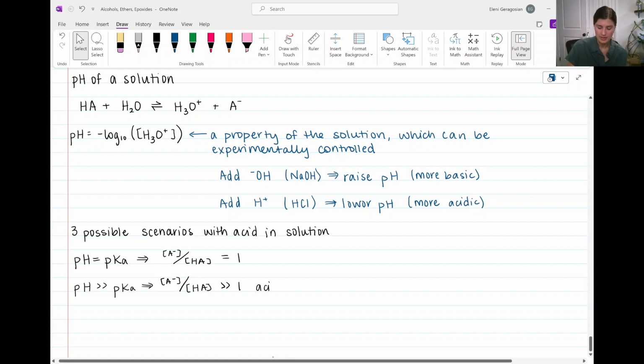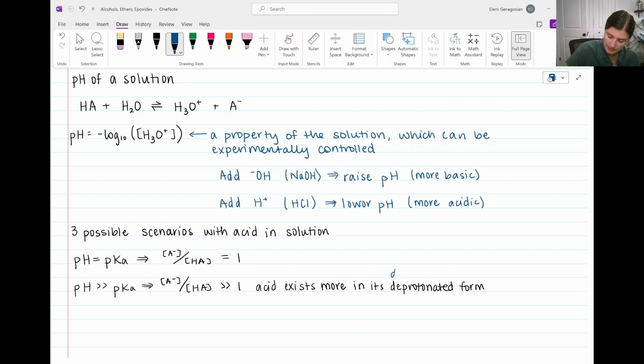And this indicates that the acid exists more so in its deprotonated form. Deprotonated, we can also say dissociated here, as in the proton has dissociated from the rest of the molecule.